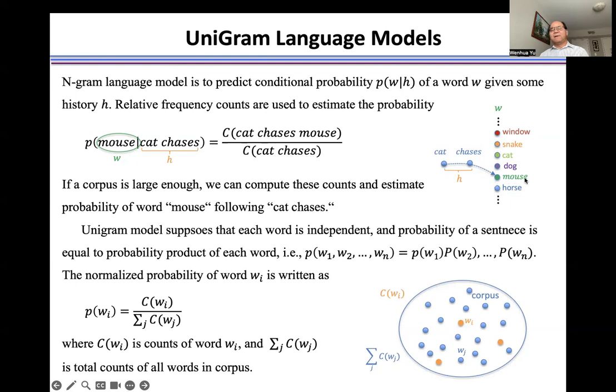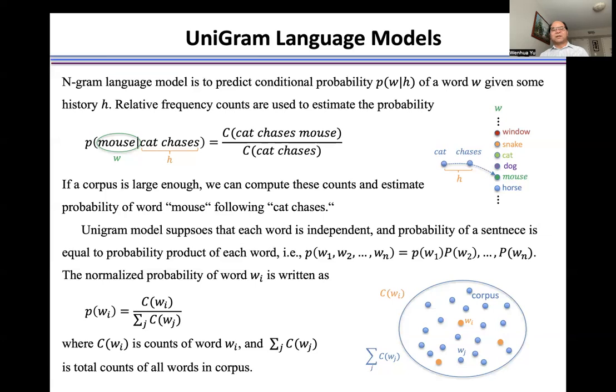Then we find the maximum conditional probability, for the word "mouse". So the sentence "cat chases a mouse" has a maximum conditional probability. If the corpus is large enough, we can compute these counts and estimate the probability of the word "mouse" following "cat chases".